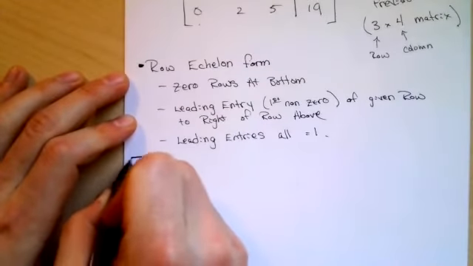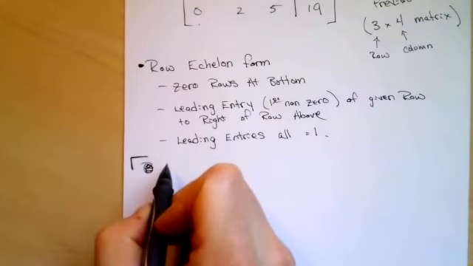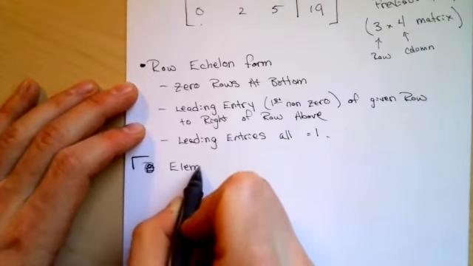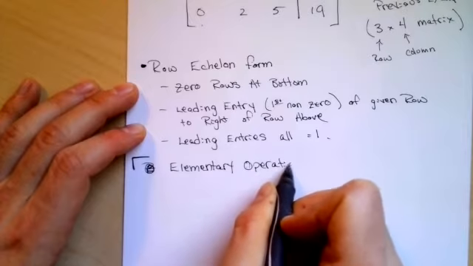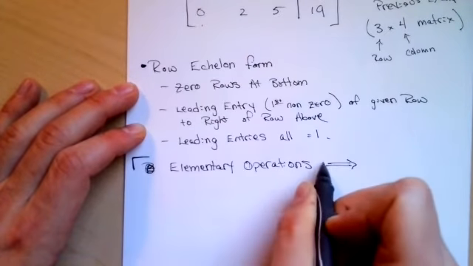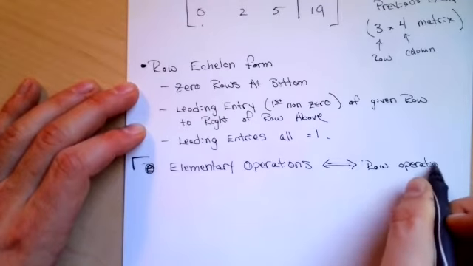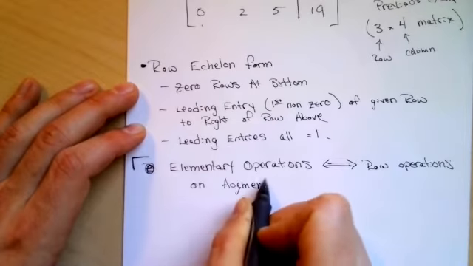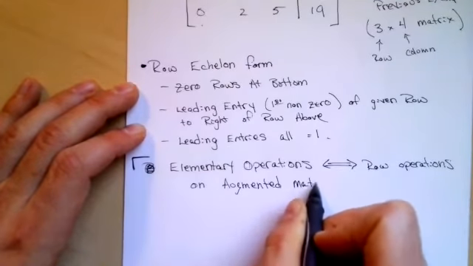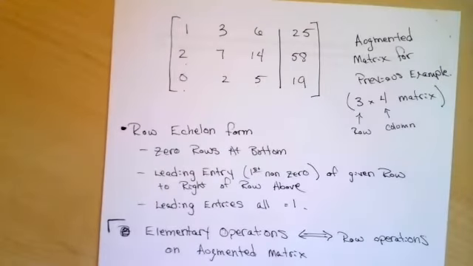So our operations, our elementary operations, correspond to row operations on the augmented matrix. I don't want to write those out again, but what do I mean by that? If we can pull up our notes page.